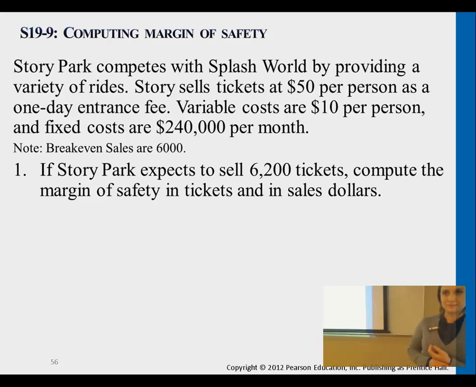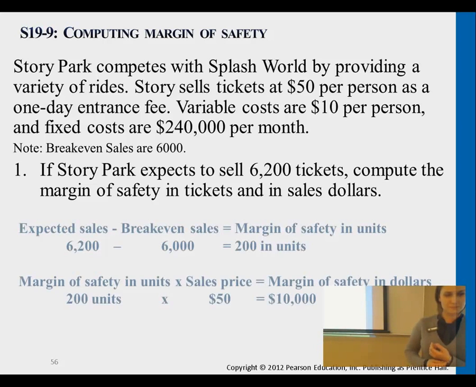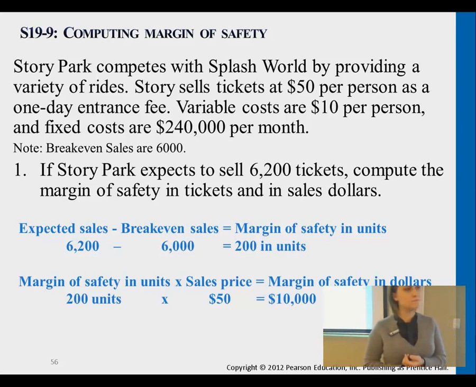Okay? Margin of safety in dollars is going to be 200 units multiplied by the sales price, and that's going to be $10,000. So it's very easy to calculate your margin of safety. In this case, I gave you the break-even sales, but if you need to calculate them, you know how, right?